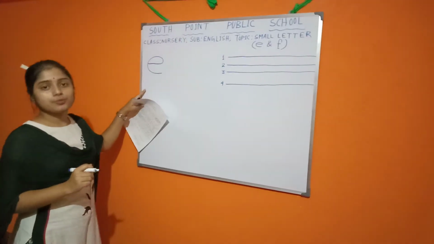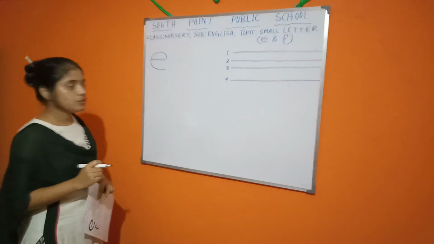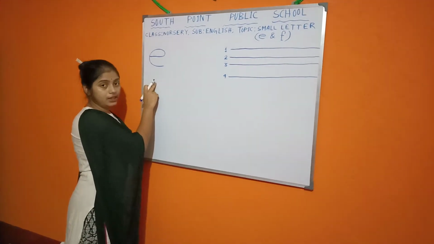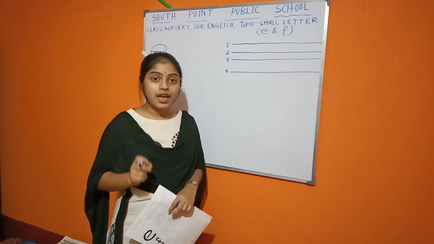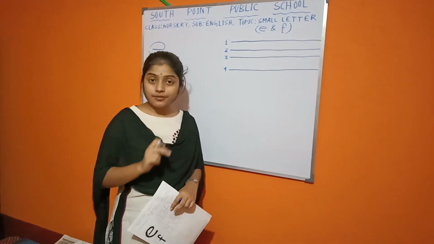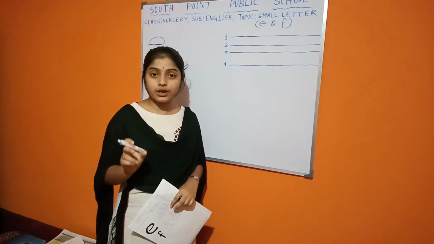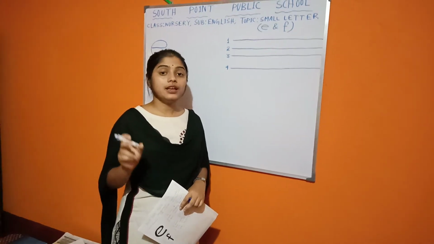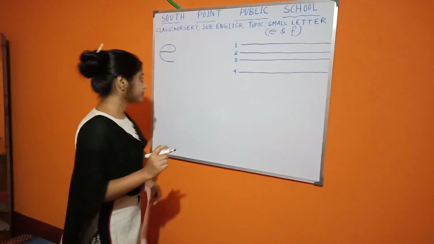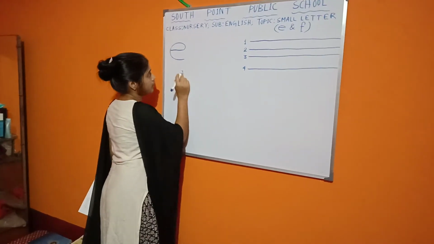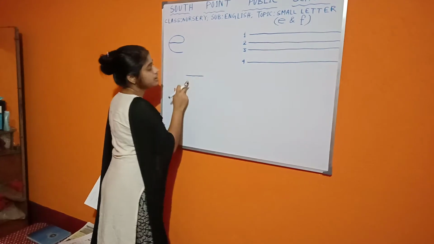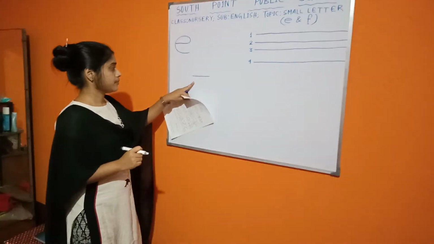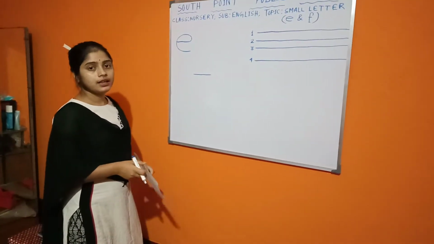This is small e. To make E, we need one small sleeping line and one curved line.